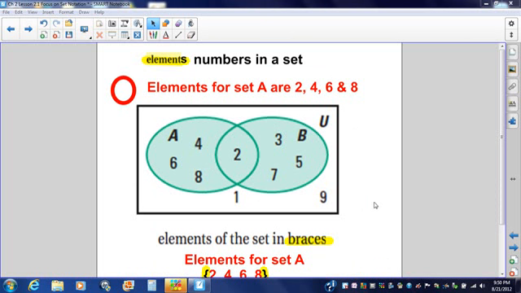All right, we got a lot of vocabulary words, so here we go. First vocabulary word that I would like you to jot down would be elements. Elements are numbers in a set.